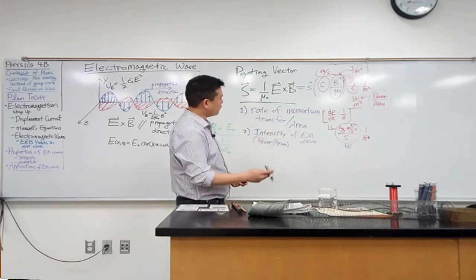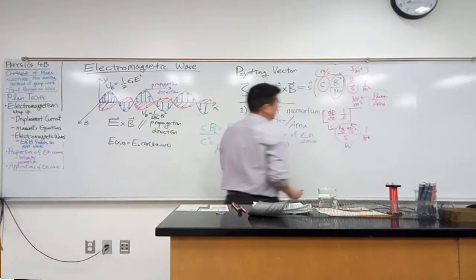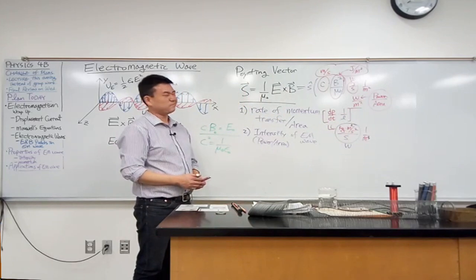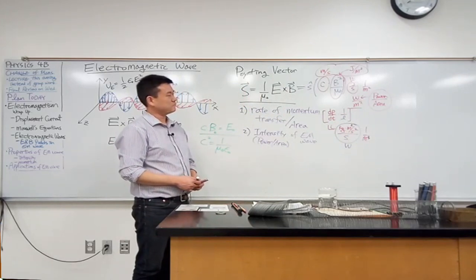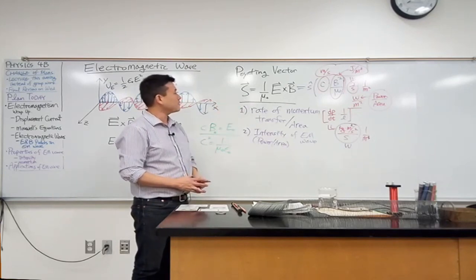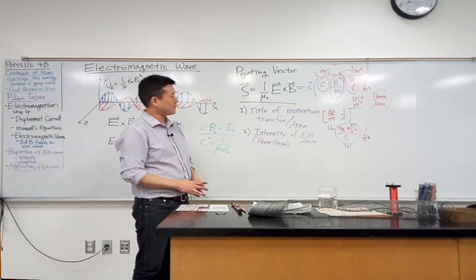So if I want to have correct units, then this would have to be length. I don't know if that makes any sense. Rate of momentum transfer per length. I don't know. This is related to something called momentum flux, and I think I'm pretty mixed up there myself. I'm not sure if I remember.